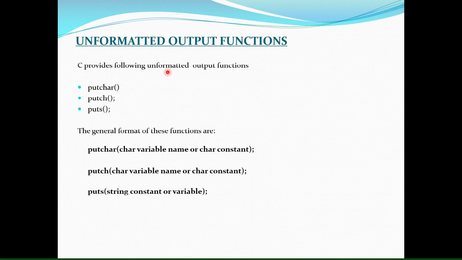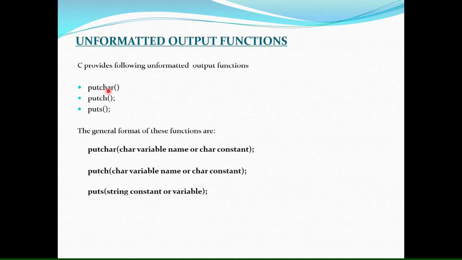C provides the following unformatted output functions: the putchar function, the putch function, and the puts function. These names are very user friendly, which tells its use also. इन्हें नाम ही बताते हैं कि वो क्या करता है.